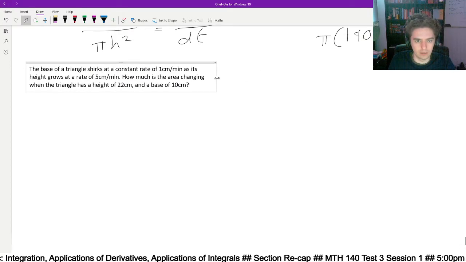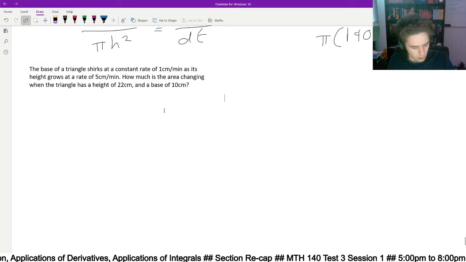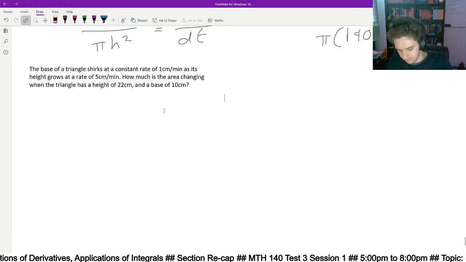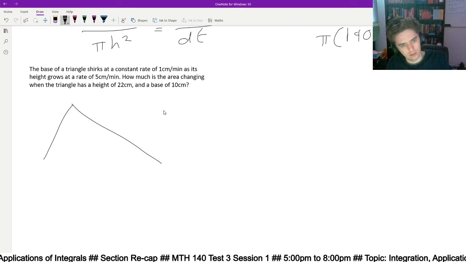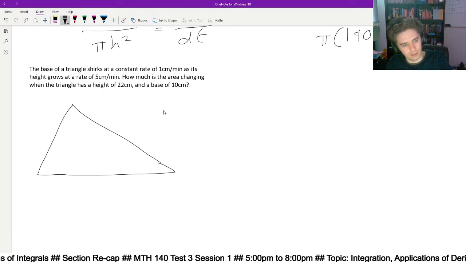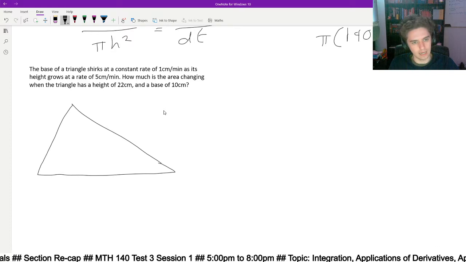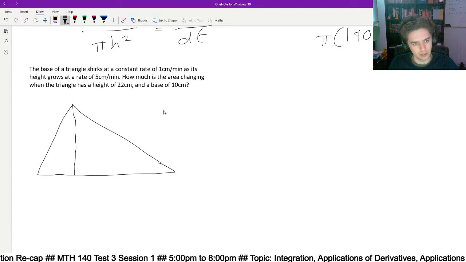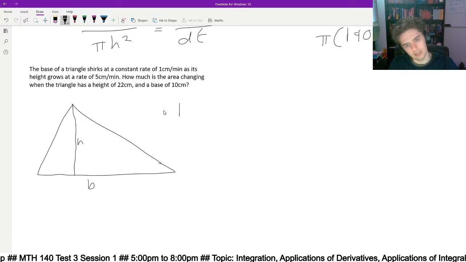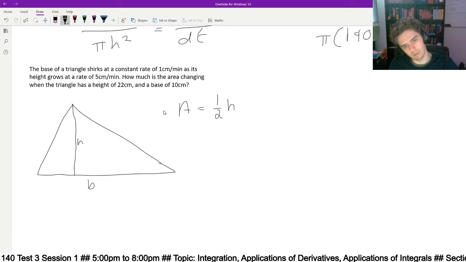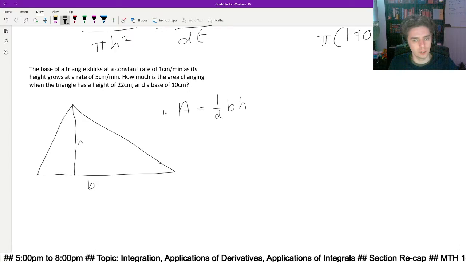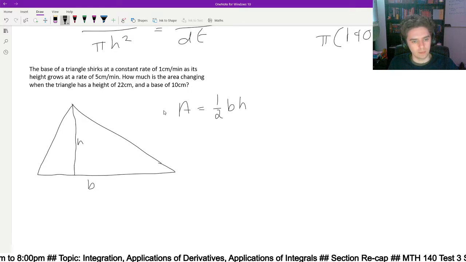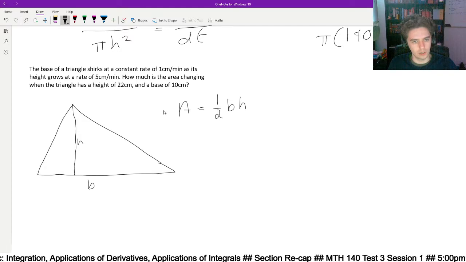Okay. That's good. So we have a triangle that looks like this. It has a height h and a base b, and its area is 1/2 base times height. What do we know?